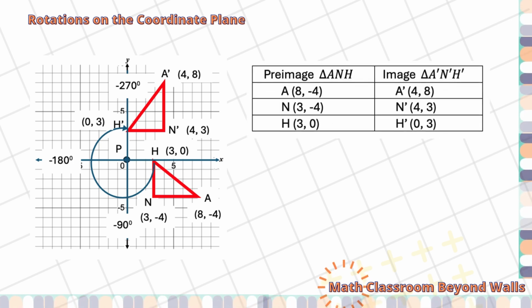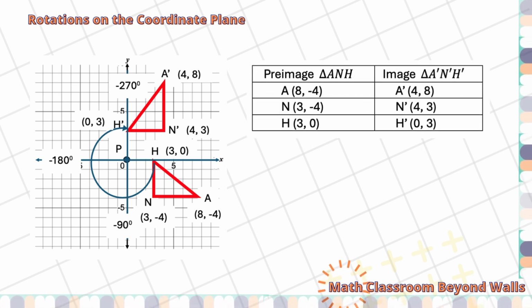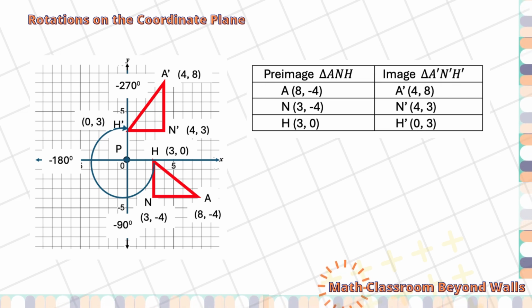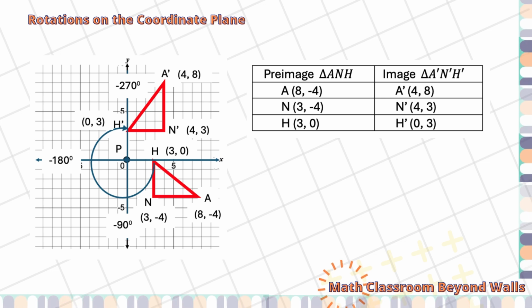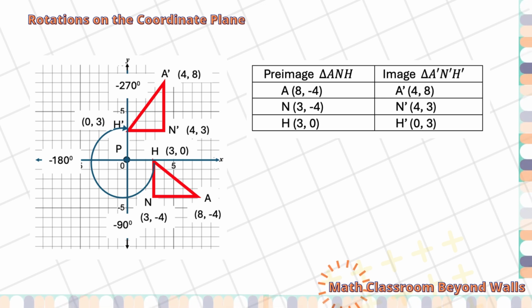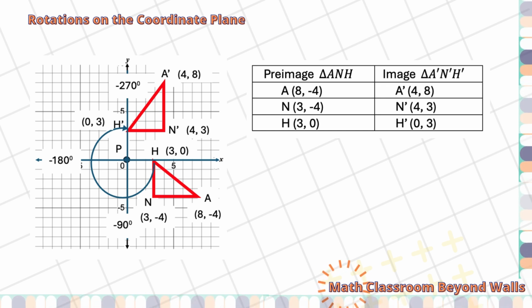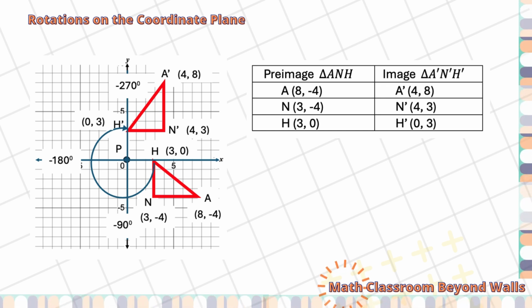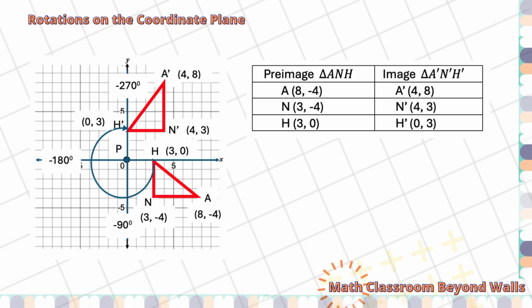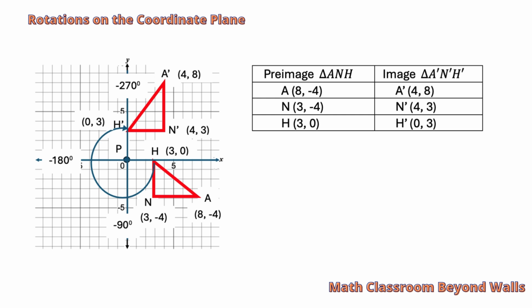The table here contains a list of the coordinates of the vertices. From here, we can see the changes on the coordinates that took place as triangle ANH, the preimage, is mapped to triangle A prime N prime H prime, the image.